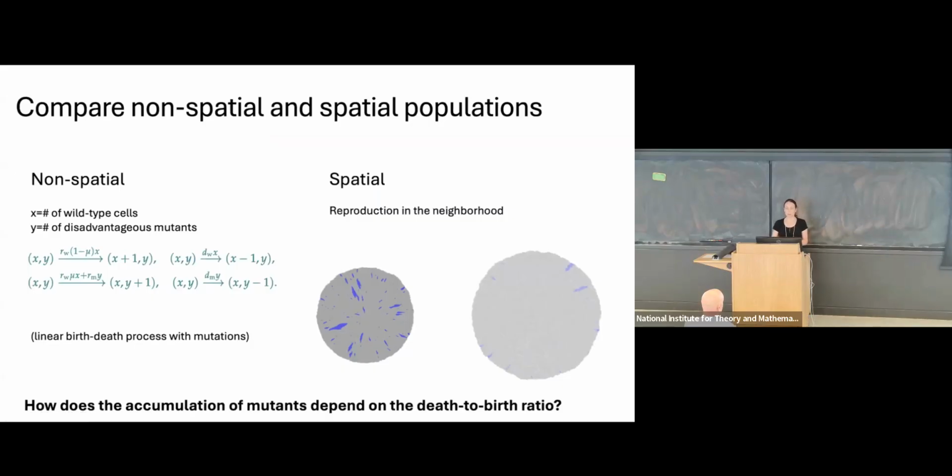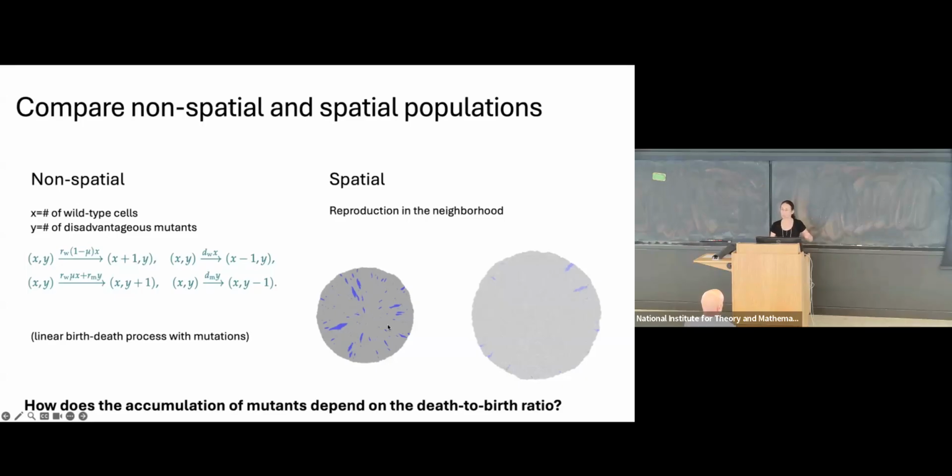So again, we want to compare a non-spatial accumulation of these mutants and a spatial. So this is actually even simpler than before. We don't even assume frequency-dependent fitness. This is just a linear birth-death process that is shown here. We have one-way mutations in this linear birth-death process.